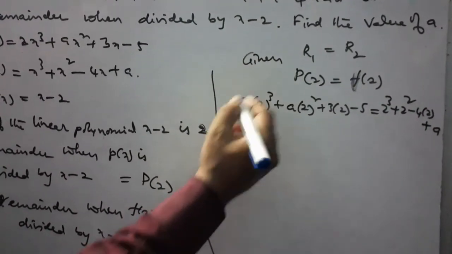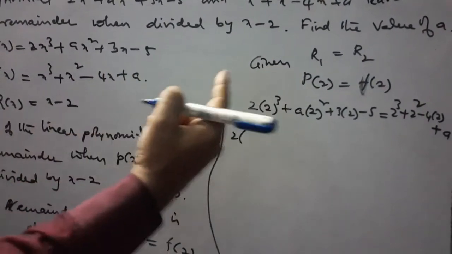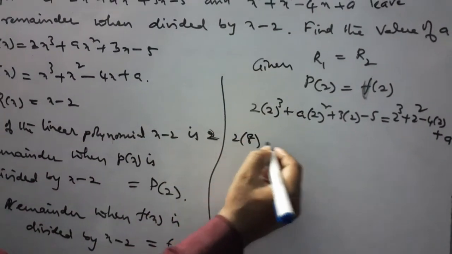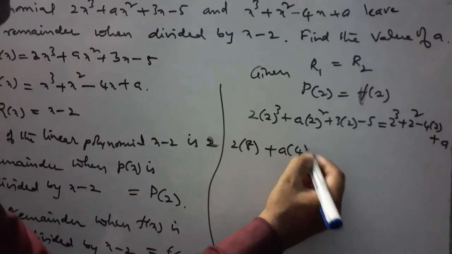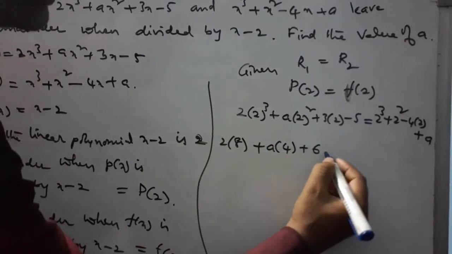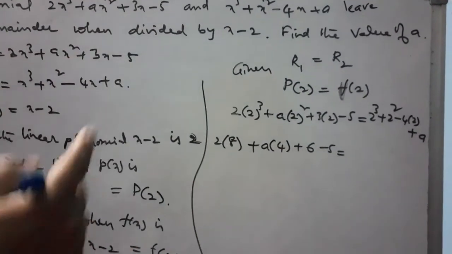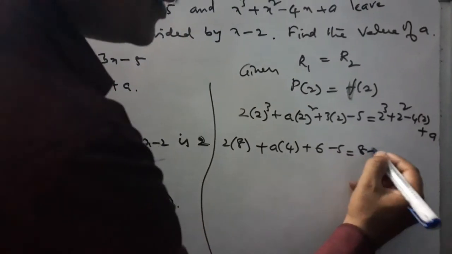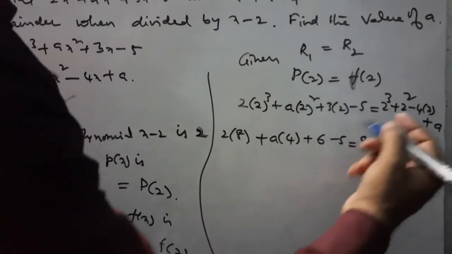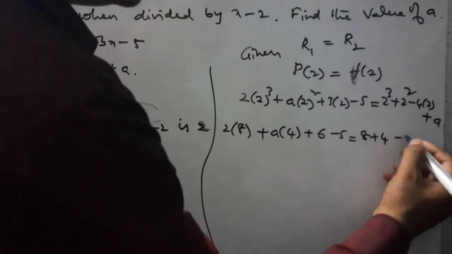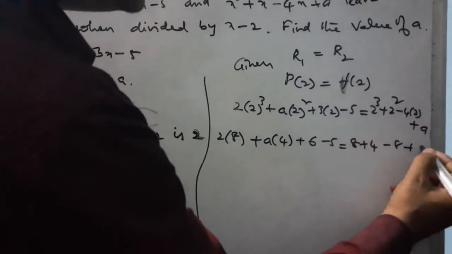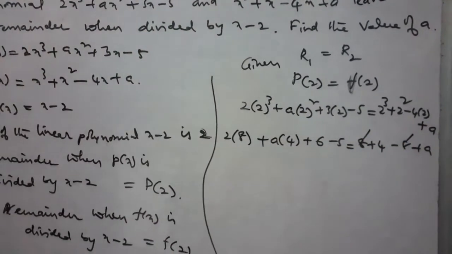2 into 2 cube, that is 2 into 2 into 2 into 2, that is 16, plus a into 2 square means 4a, plus 3 2s are 6, minus 5 is equal to 2 cube means 8, plus 2 square means 4, minus 4 2s are 8, plus a, here 8 will be cancelled.